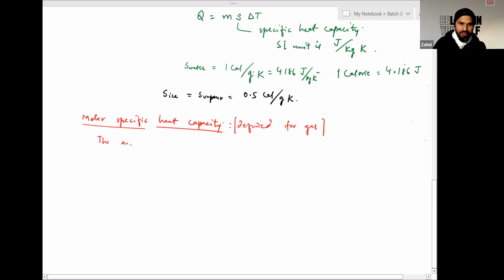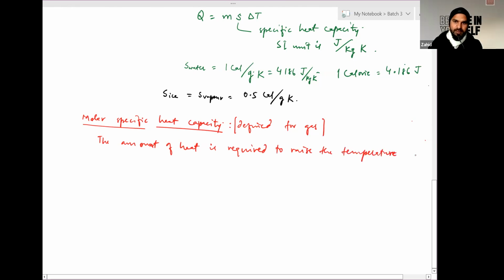It is the amount of heat required to raise the temperature of 1 mole of gas by 1 degree Celsius or 1 Kelvin at a given condition.